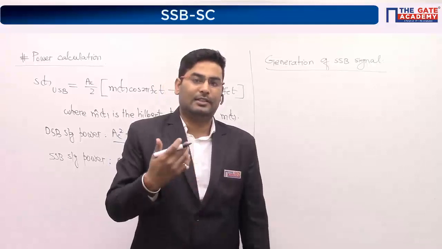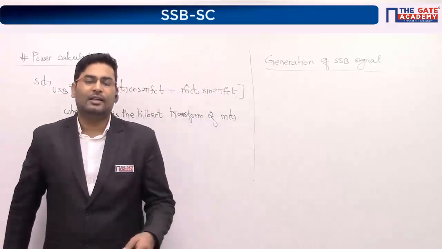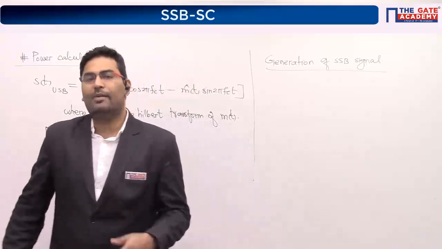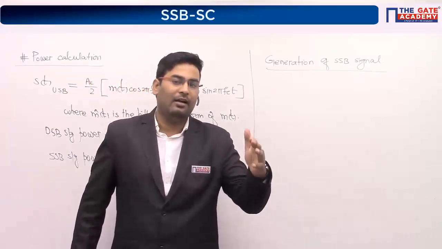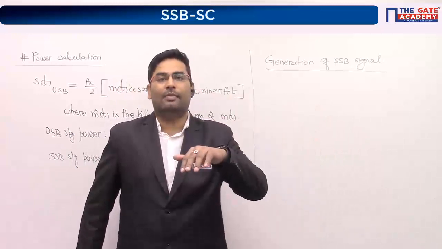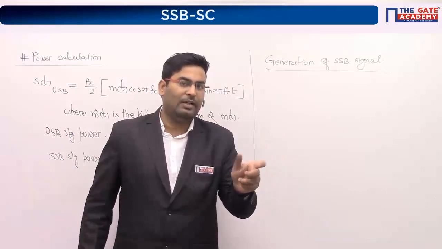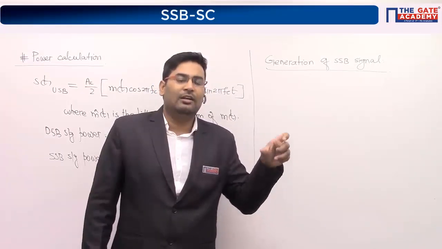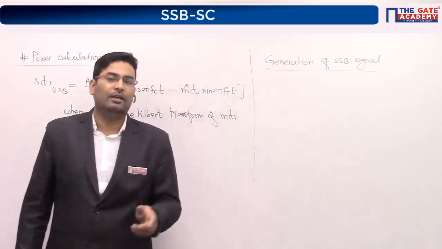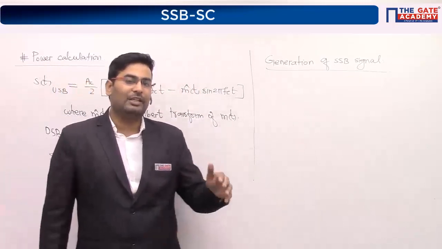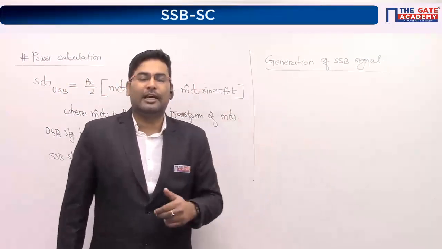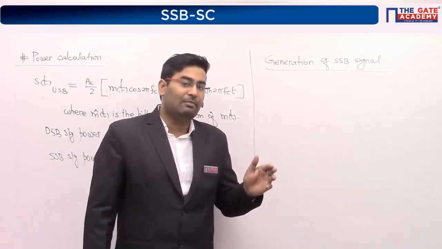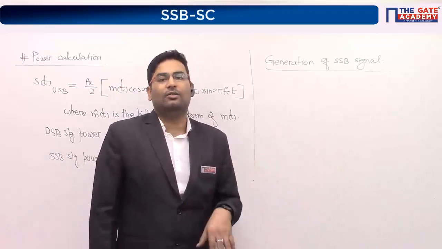One is the frequency discrimination method, which means that we are discriminating on the frequency, and it means that you are using a band pass filter to only take that upper sideband or the lower sideband. Filter means frequency. So you are discriminating sideband basis the cutoff frequencies of the band pass filter. If the cutoff frequency is from FC to FC plus W, you will get upper sideband. If the cutoff frequency of the band pass filter is from FC minus W to FC, you will get lower sideband.